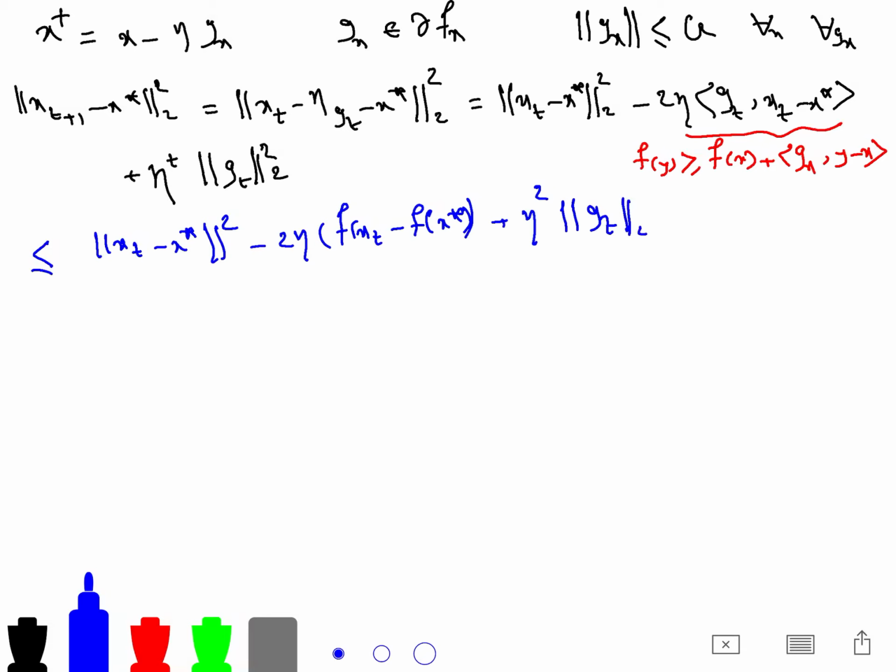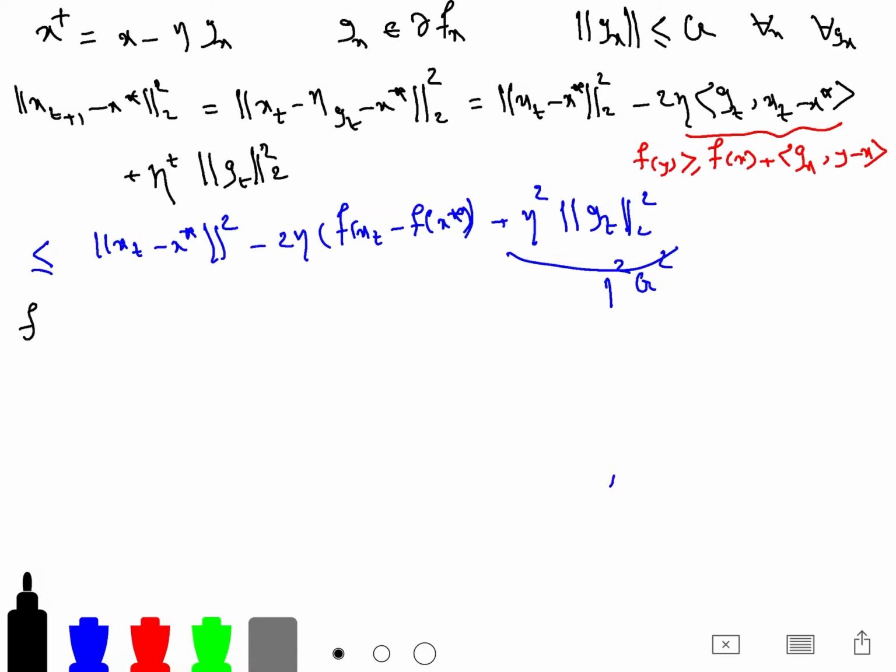And because this is bounded by eta squared G squared, we are trying to find the possibility of forming a telescopic sum.